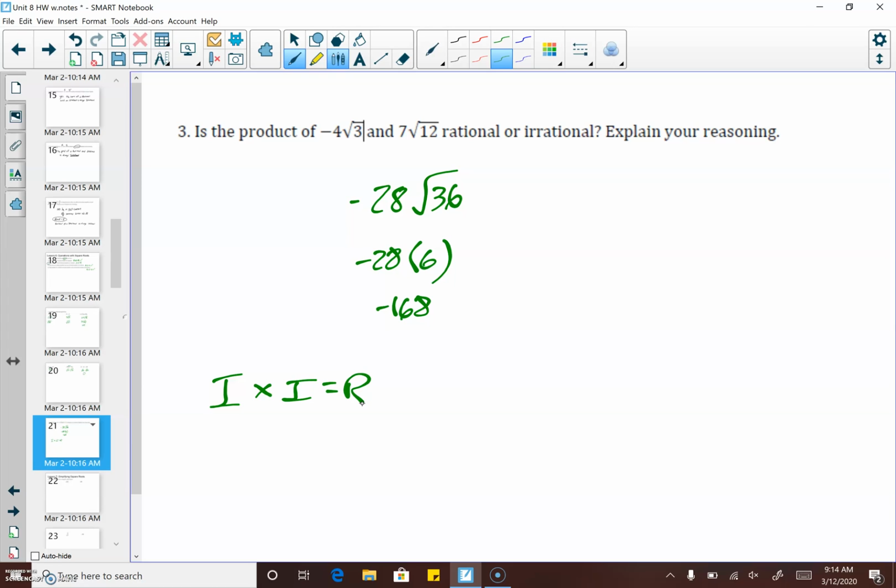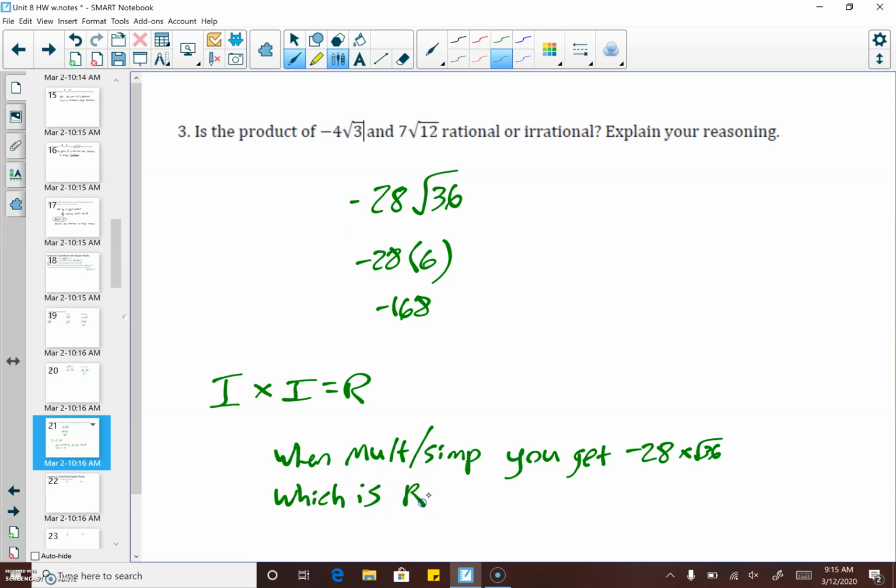But when we want to explain this, we can say when multiplied or simplified, you get negative 28 times the square root of 36, which is a rational times a rational, which is always equal to a rational.